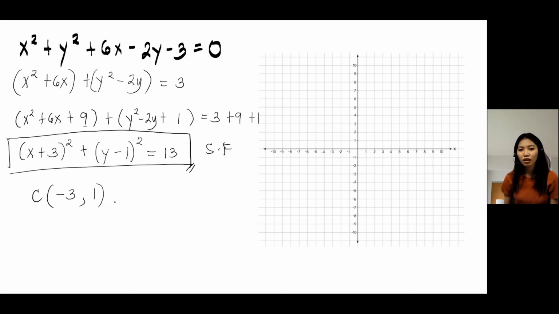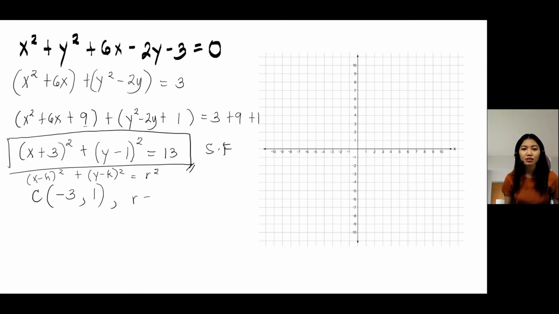Okay, how about the radius? Again, this is in the form of x minus h squared plus y minus k squared is equal to r squared. Ibig sabihin, this 13 is equivalent to r squared. So, paano na natin kukunin ang r?